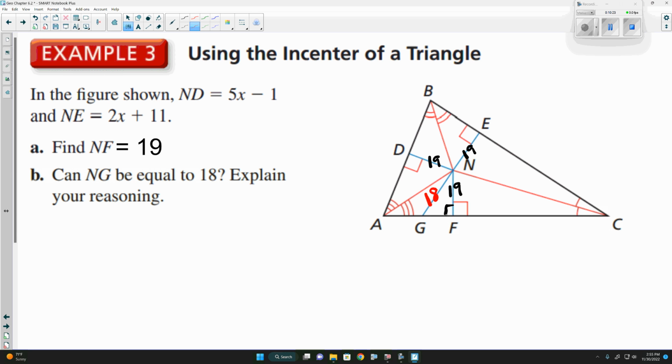What shape do we have here? Right triangle. So this is 90, yes? Those other two angles, can they be greater than 90? No. Is there any way for that to be 18? Because this here should be the biggest side. No.